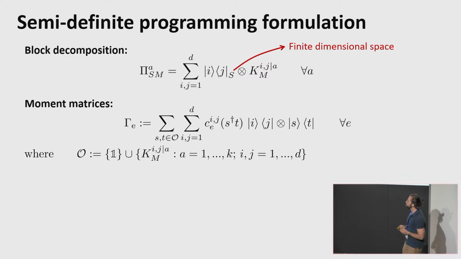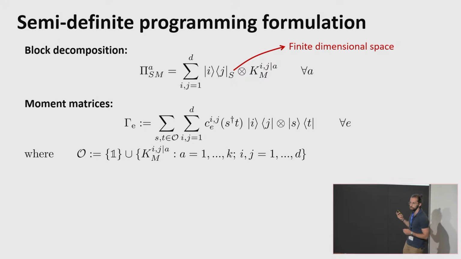Then we introduce some moment matrices that are indexed by the possible outcome of the adversary. These matrices are constituted by elements that are just the expectation value of the identity or the operator K of the block decomposition of pi over some unknown state.